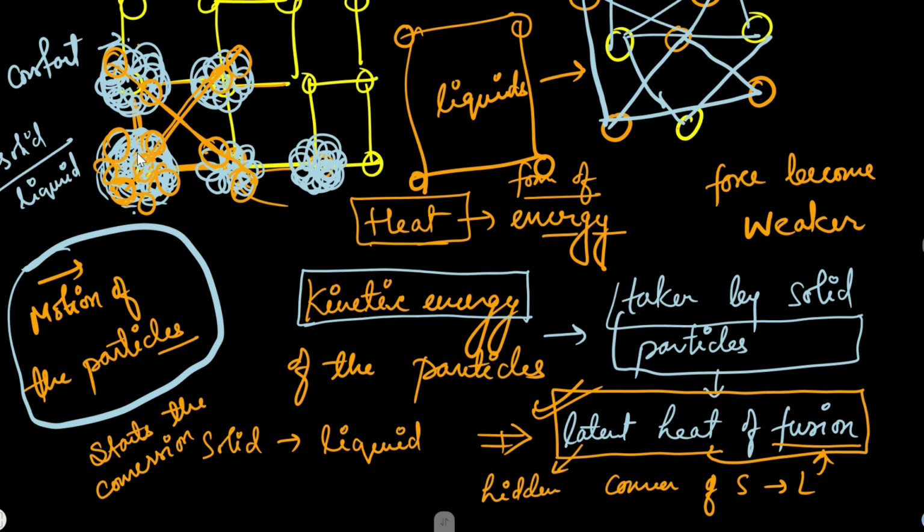But after this heat is imparted, there will be a point at which the heat is so high that the distances between the particles become very large, such that the forces of attraction become so low that they will start moving in any manner from their original position.